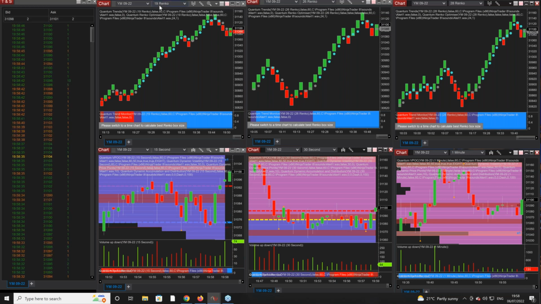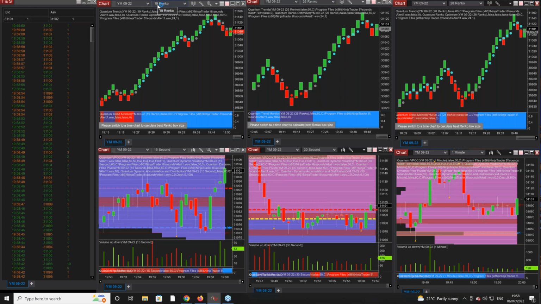Now for this one, for example, each brick here will build 19 points. We're on the YM here, which is the index future for the Dow. So we are talking index points, and we've got 19 here, we've got 26 here, and we've got 28 here. So each brick here will be worth 28 points, which at $5 a point is very nice. This one's 26 and this one's 19.